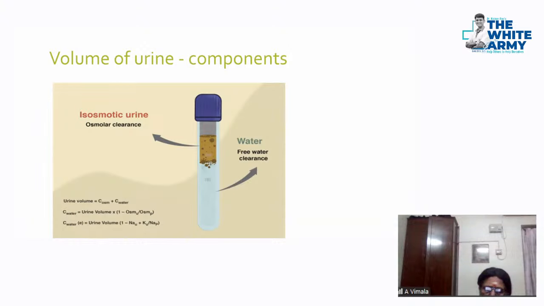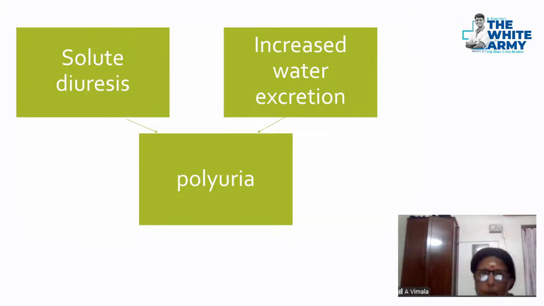In addition to that, it has a water component which does not contain any solutes. So urine volume is composed of two components. One is the volume of water required to excrete the solutes, which is called solute diuresis. In addition to that, to maintain the sodium balance, the water has to be adjusted, and that increased water excretion can also contribute to increased volume.